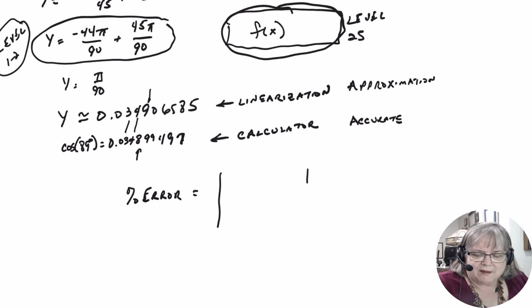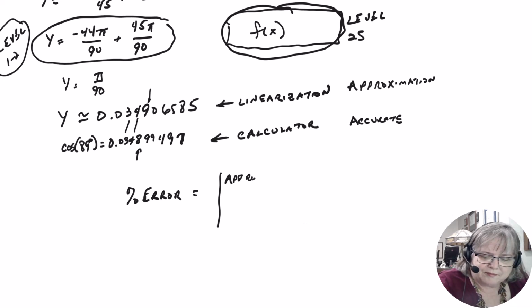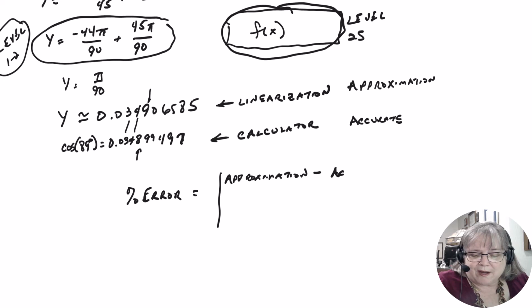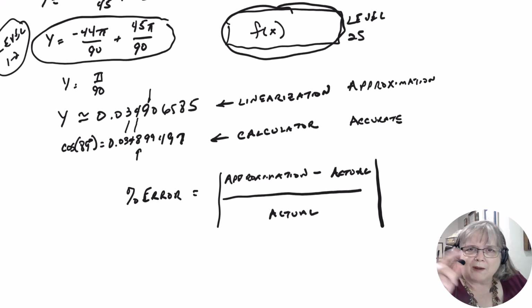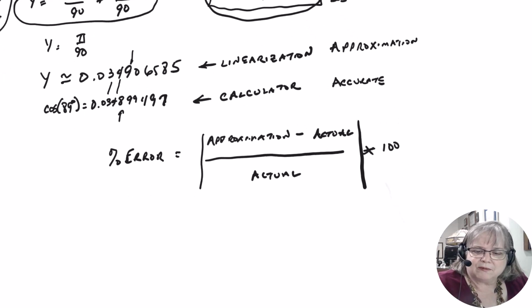It's the absolute value of, I don't think I'm going to be able to write all that in there, your approximation minus the actual one or the calculated one or whatever you want to call it. This is divided by the actual one that it's supposed to be if you had done the more complicated computation, times 100 so that you can get a percentage, right?